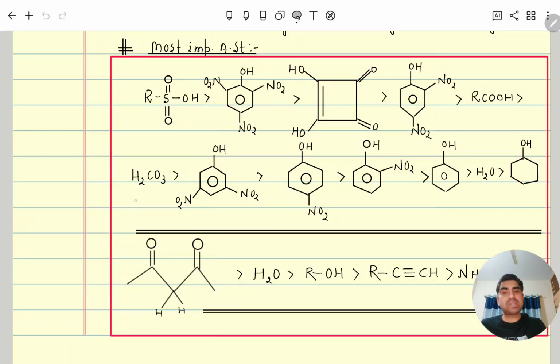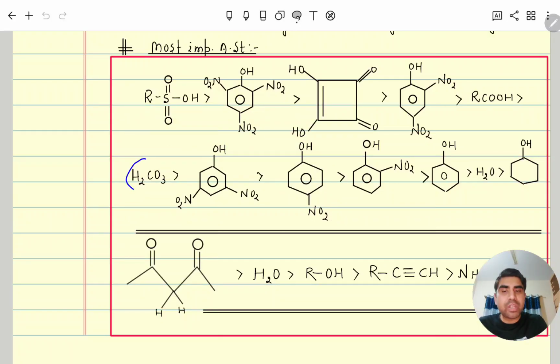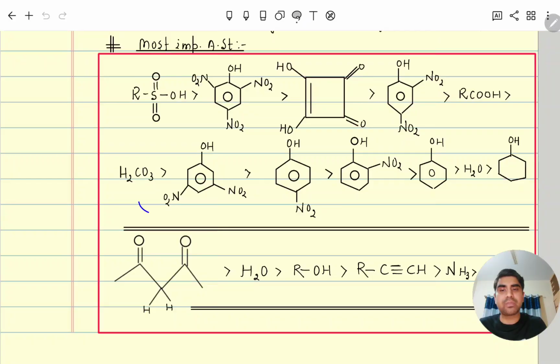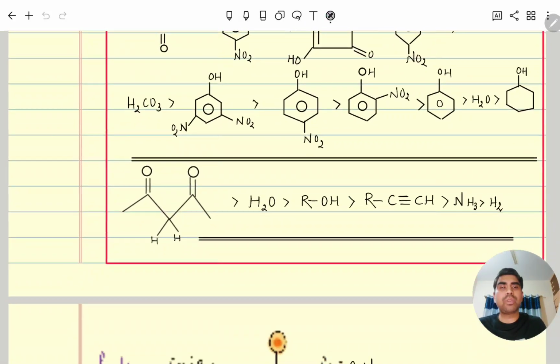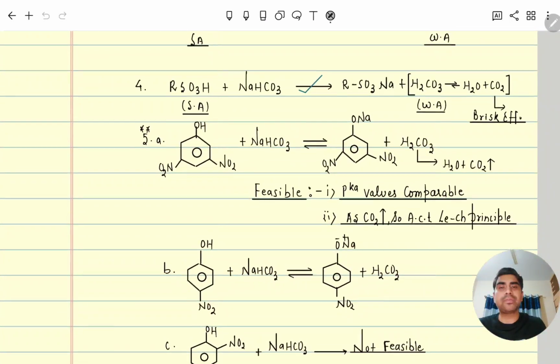All three are relatively a little bit more acidic, but their acidic strengths are comparable. Now try to understand, this is only for these three, not for this one, the ortho one.